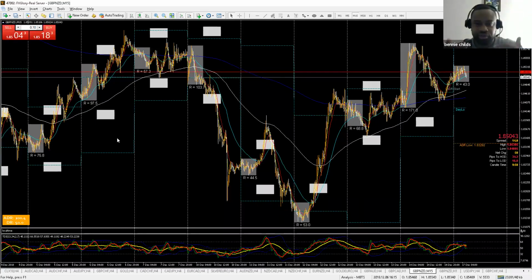It's kind of like a cheat code, really. It's a no-brainer: if these are inverse pairs, then if one is going up, the other is going down. And USD JPY is only a 3 pip spread as opposed to gold, which is a 5 pip spread.